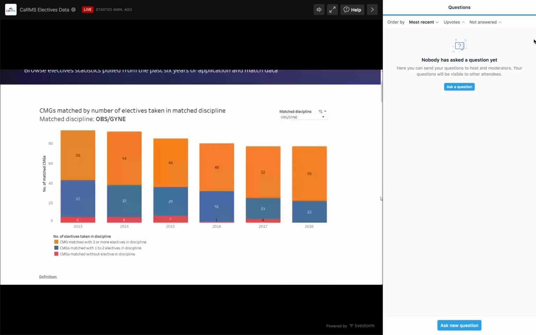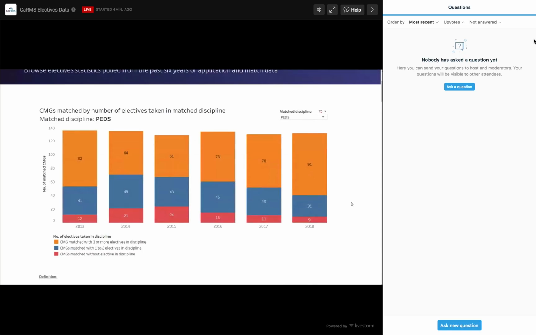Obstetrics and gynecology. And finally, pediatrics. Just to give you a sense of some of the patterns that have emerged with this particular view of the data. I'll just pause to see if anybody has any questions.